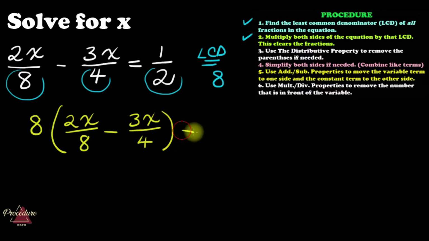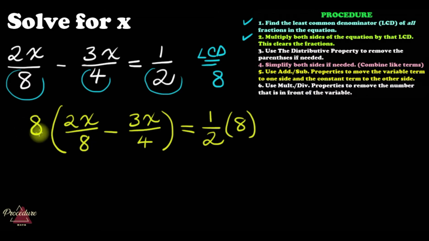On the other side, we take 1/2 and multiply that by 8. So step 2 is to multiply both sides of the equation by the LCD, and this will get rid of the fraction. Let's see what happened here.